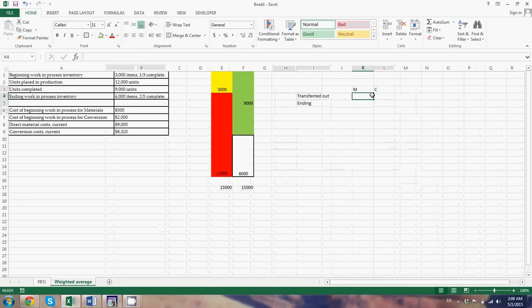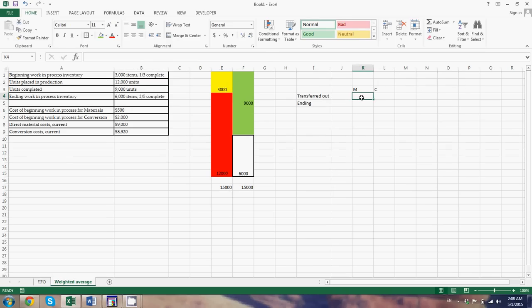Now for transfer out, because everything is 100% completed, it's 9,000 for materials, and the conversion cost is also 100% completed, so it's 9,000. For the endings, because our materials have been applied 100% at the beginning of production, it's 6,000, even though this is partially completed.